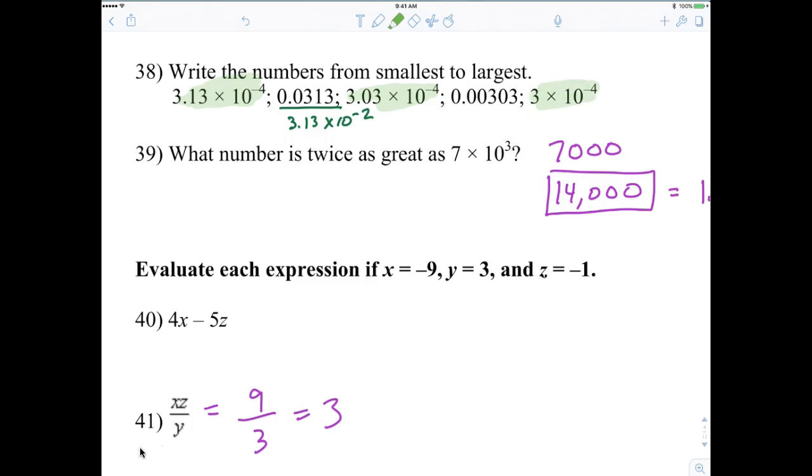I didn't even do the other one. What would that one be? 3.03 times 10 to the negative 4. I like that. All right. So now the ones that are highlighted, you now have to say which one of those is the smallest. 3.03, or 3.13.